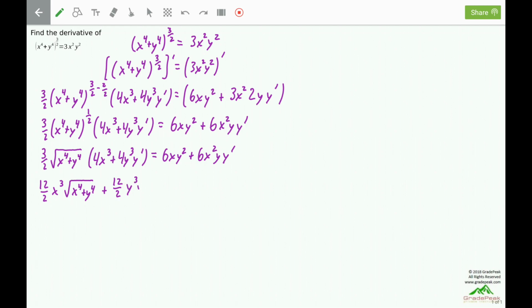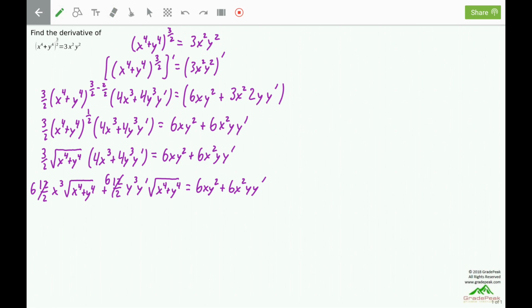And I have a y cubed and a y prime, and then the square root of x to the fourth plus y to the fourth equals 6x y squared plus 6x squared y prime. The 12 halves can reduce to a 6 for both terms on the left. So that's a 6. That's also a 6.